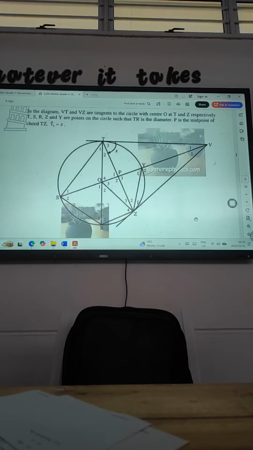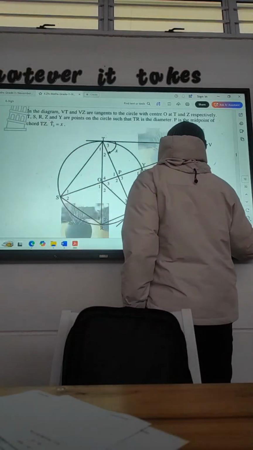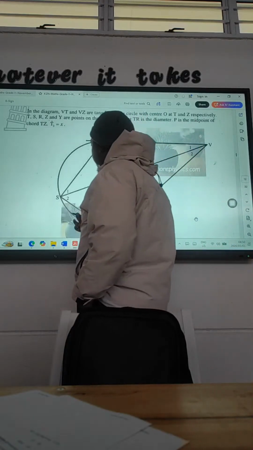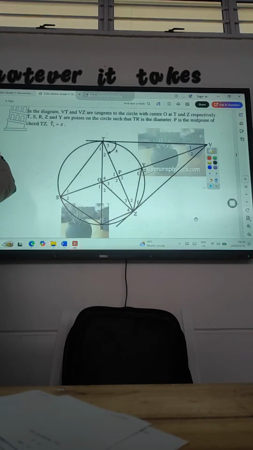Let me give you more time. There's also another theorem that has two tangents. This will be tangents drawn from the same point.